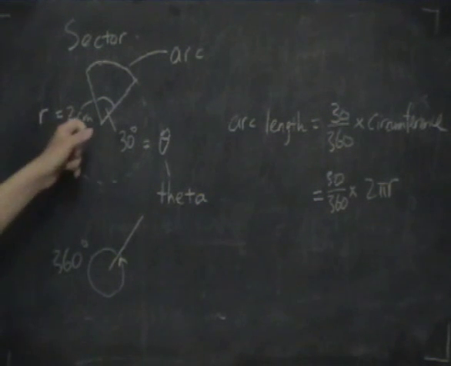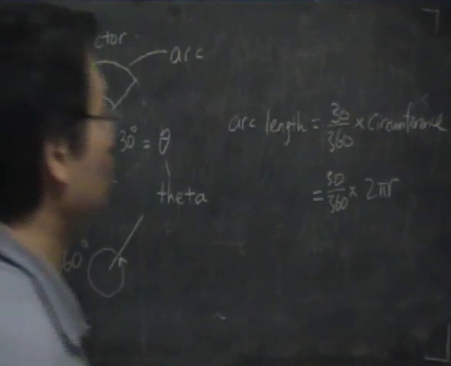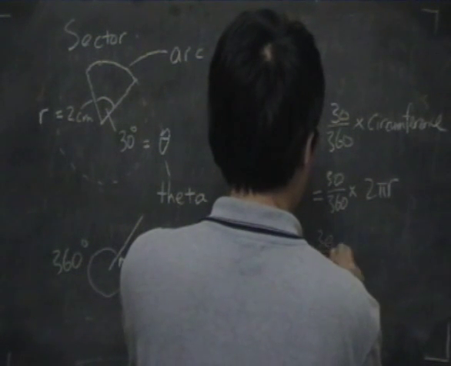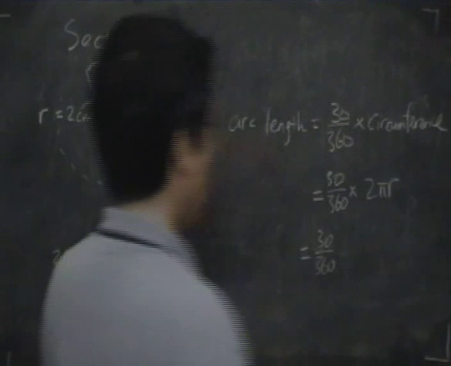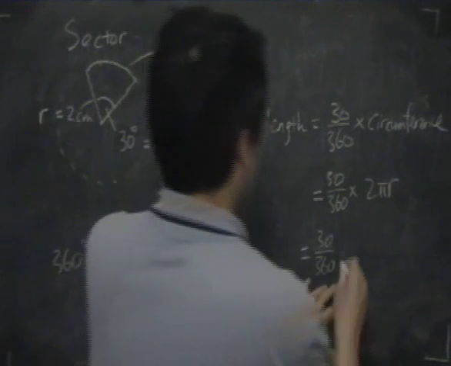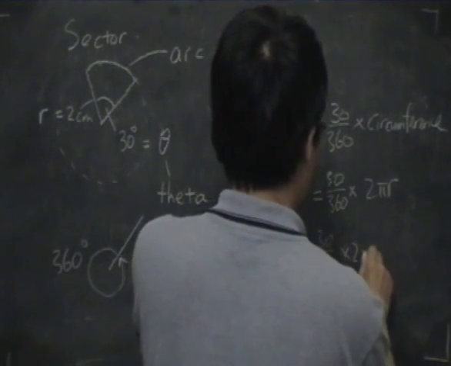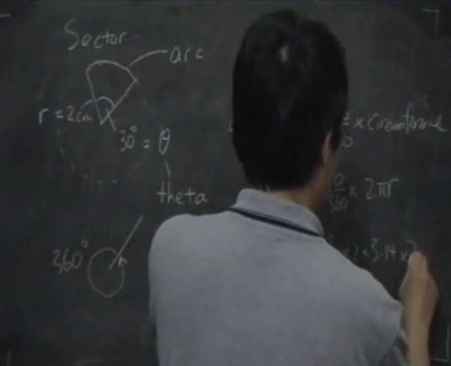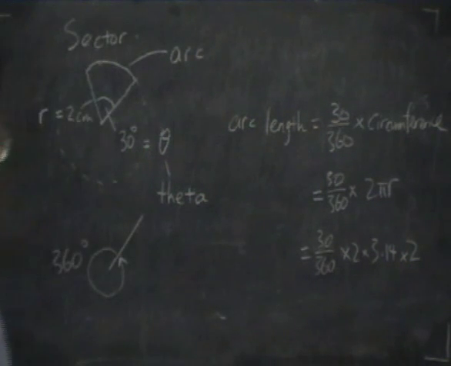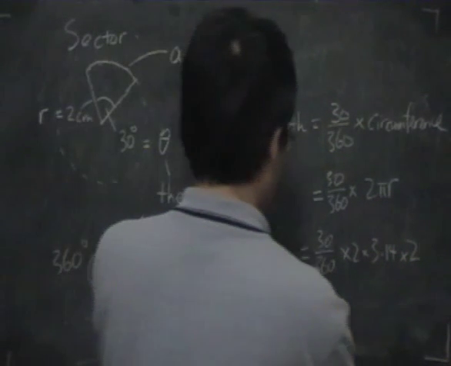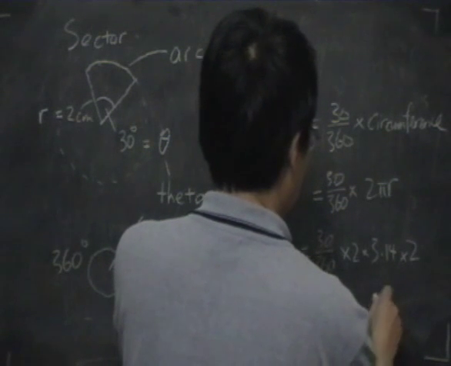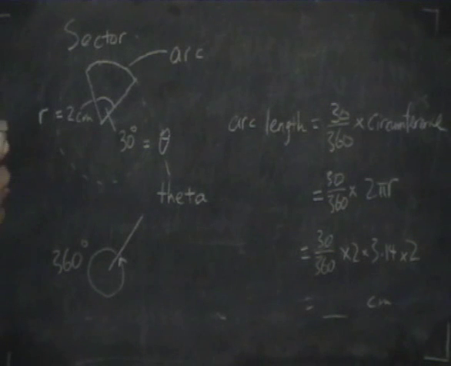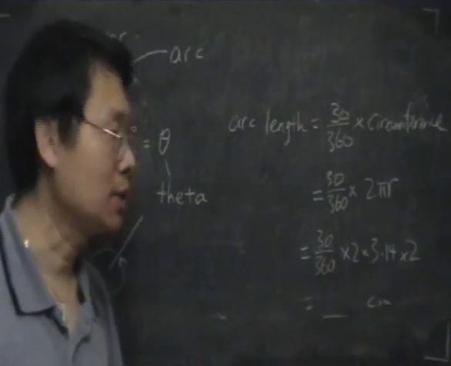And r in this example is 2 centimeters. So therefore, we have the fraction times 2 times roughly 3.14 times the radius 2 centimeters. And then you can press your calculator and find the answer in cm. So that's how we can find the arc length.